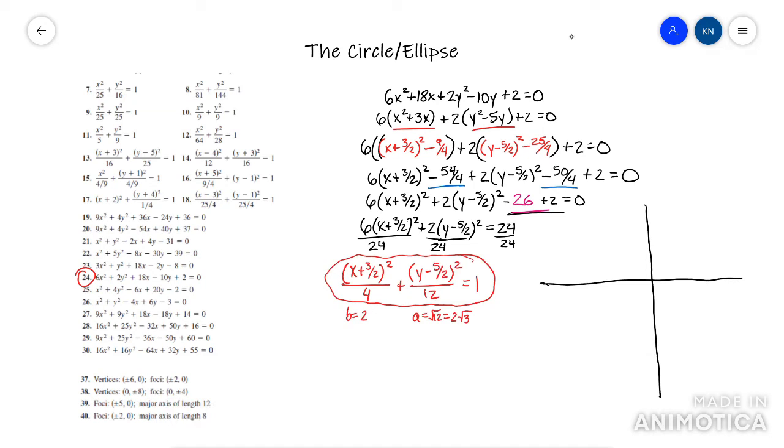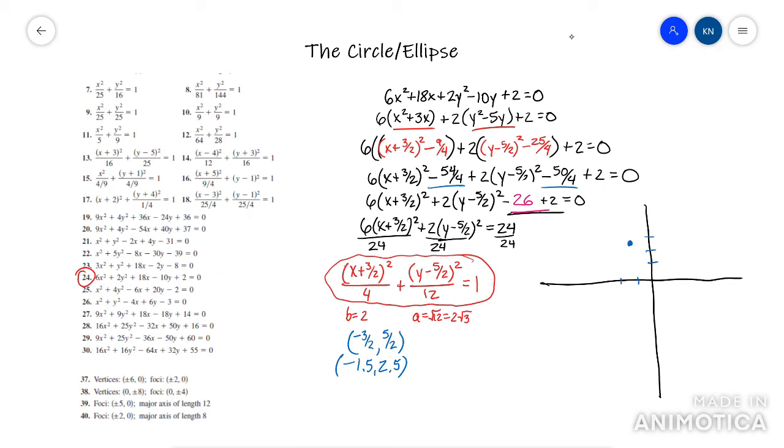The center of this ellipse is at negative 3 halves, positive 5 halves, which is like negative 1.5 comma 2.5 if you don't like fractions. So negative 1.5, positive 2.5 would be like here.